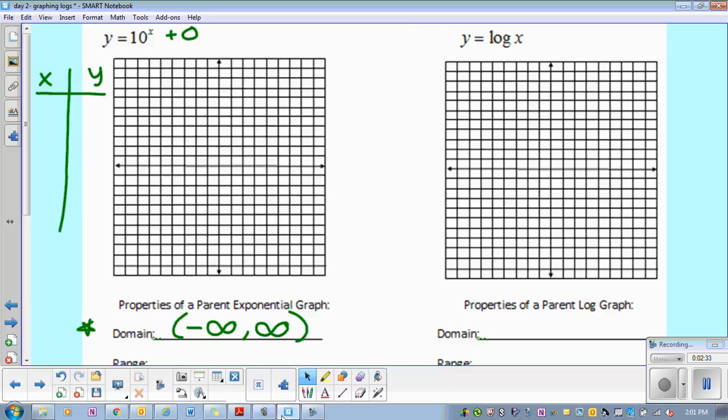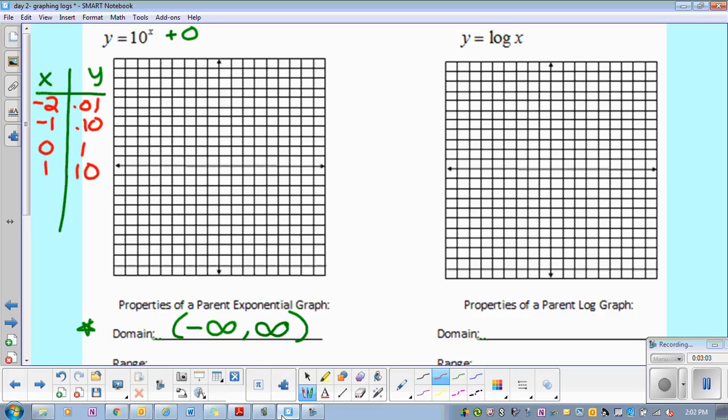So what do we have? When x equals 0, what is your y? When x equals negative 1, what is your y? When x equals 1, what is your y? Should we do 2? It's 100, right? So no, let's not do 2. How about negative 2? It's 0.01, so that one doesn't work either.